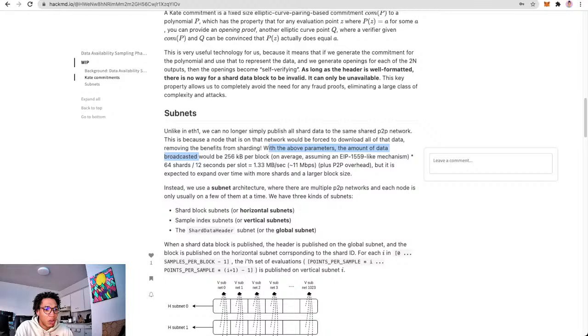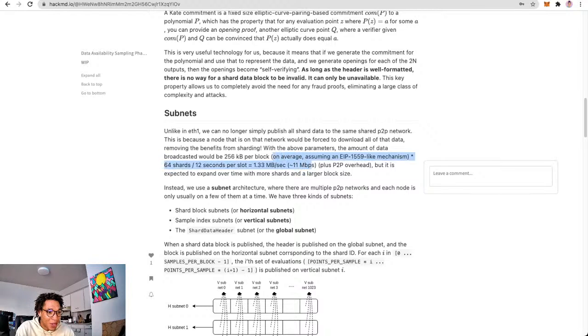Wait. Megabytes. Wait, are these different things? Yo, I'm sorry. I've never actually seen. I feel like I want to Google that and be like, why are these written out differently? Or maybe it's saying it's going to be around this much once you have the P2P overhead.